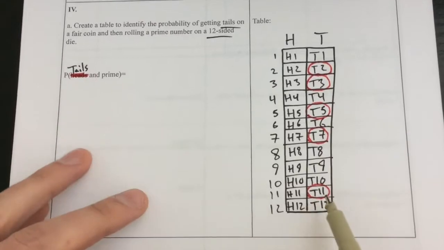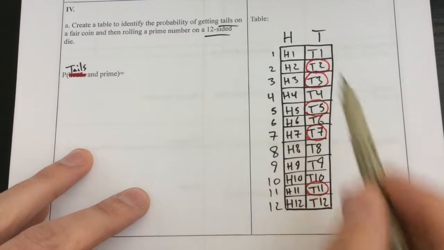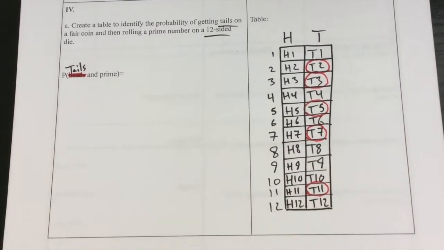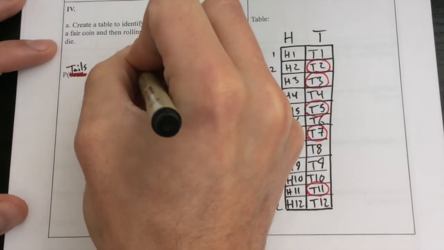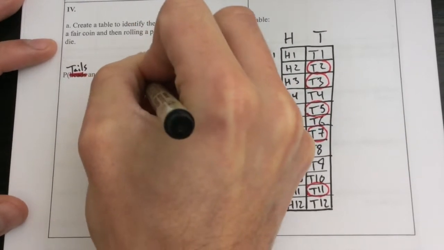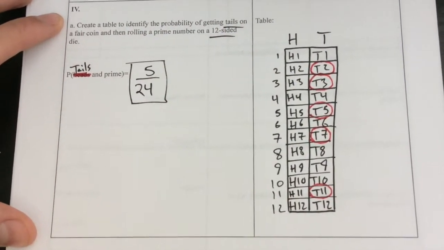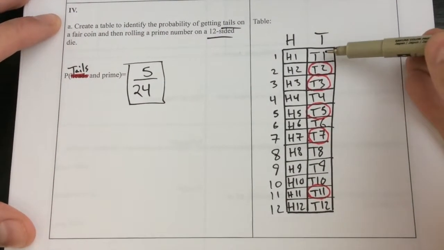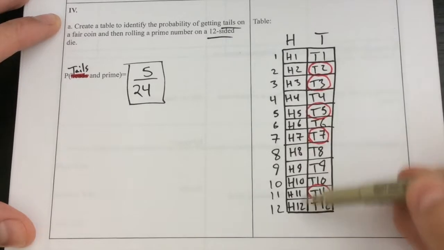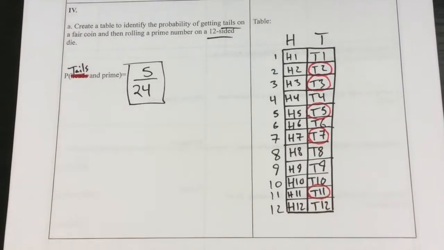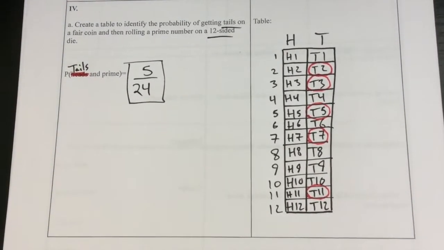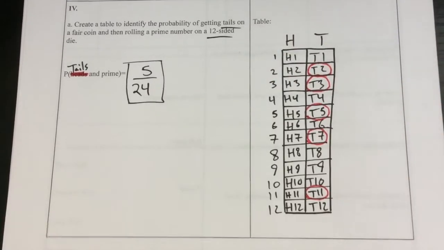So that's 1, 2, 3, 4, 5 outcomes out of 24 total. So the probability of tails and prime would be 5 out of 24. And just a reminder, the total outcomes are these boxes, all the different combinations you can get of coin and, I'm sorry, coin and 12-sided die.